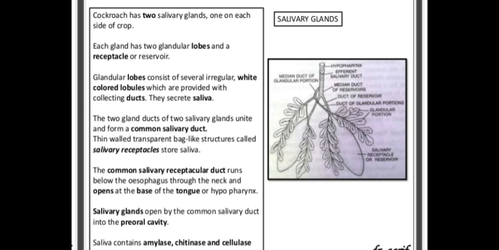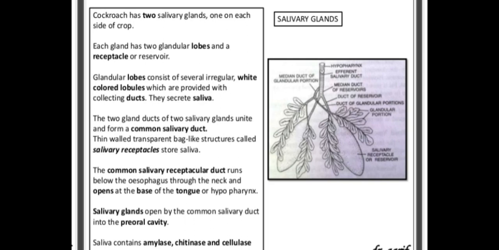The region called salivarium is where these macerated food are mixed with the saliva. Thus, the food is made soft, bolus like, and it is pushed into the pharynx.